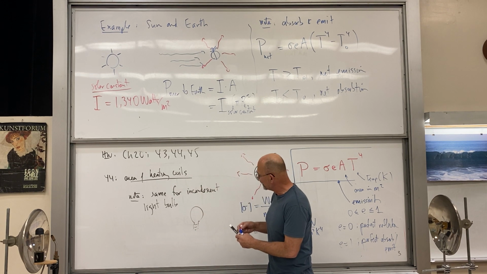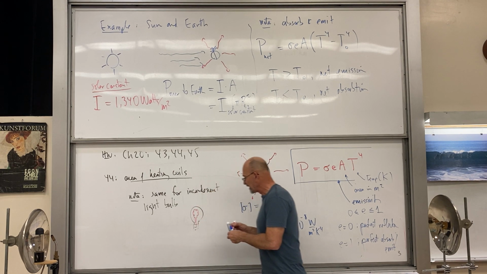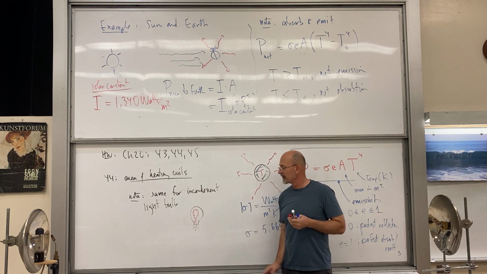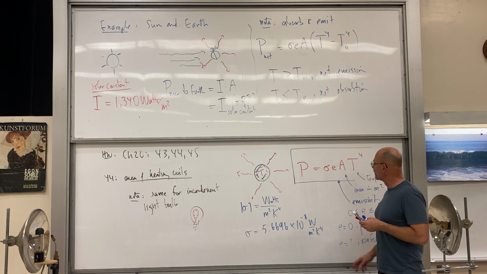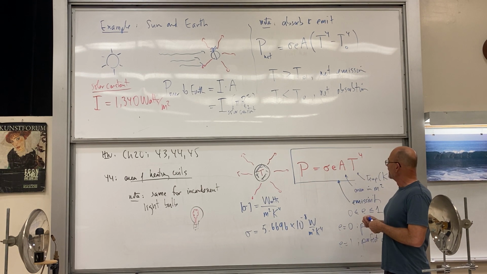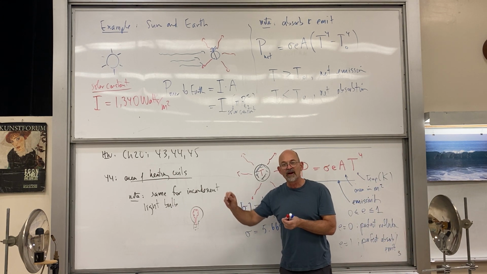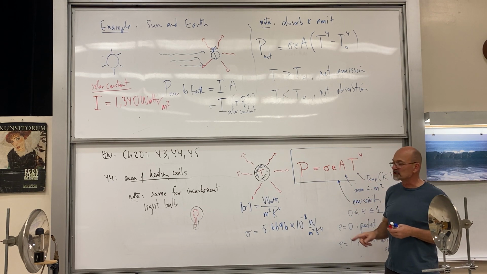Inside you have this little filament, and you make the same assumptions and say it's a 100 watt bulb. So say it's a 100 watt bulb, and you know the area, because maybe you know the area of this really thin wire, and you're talking about how high is the temperature.